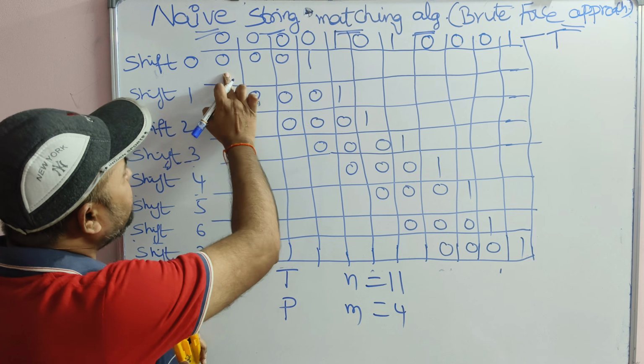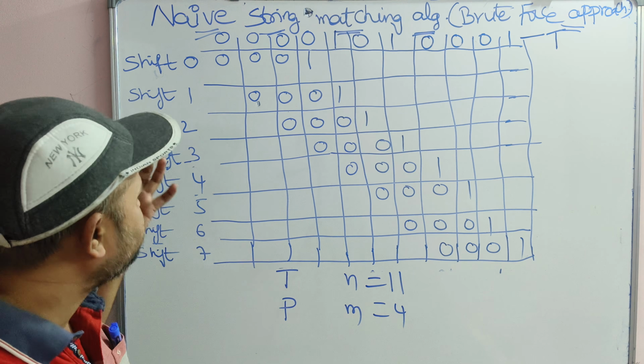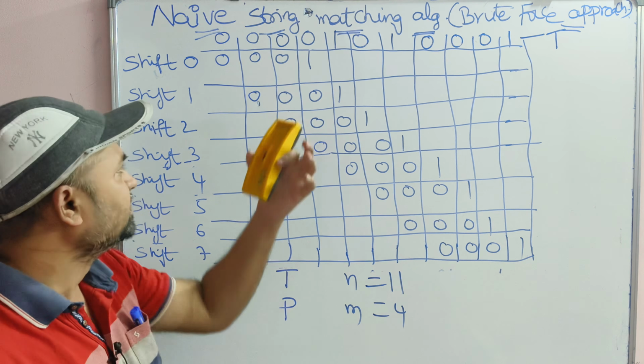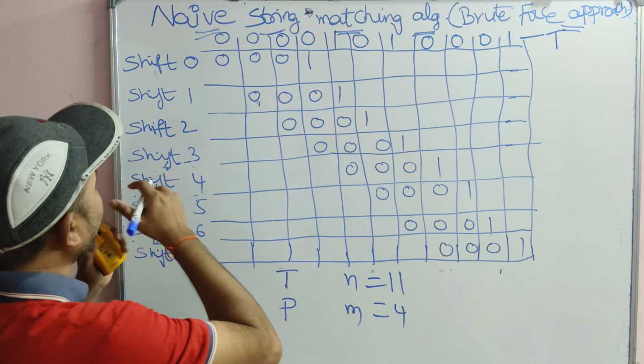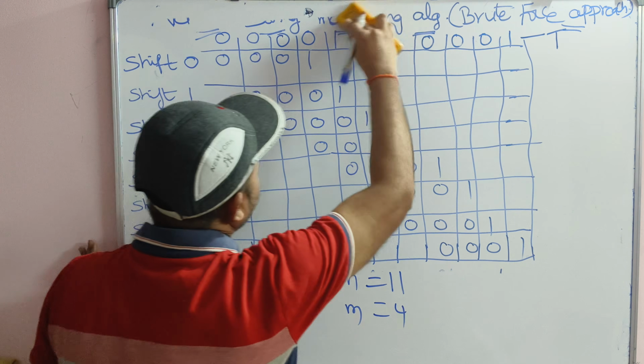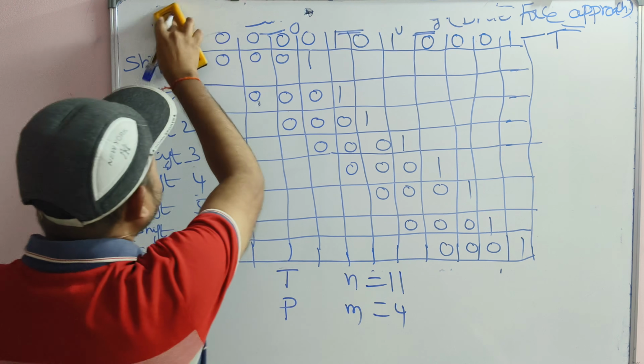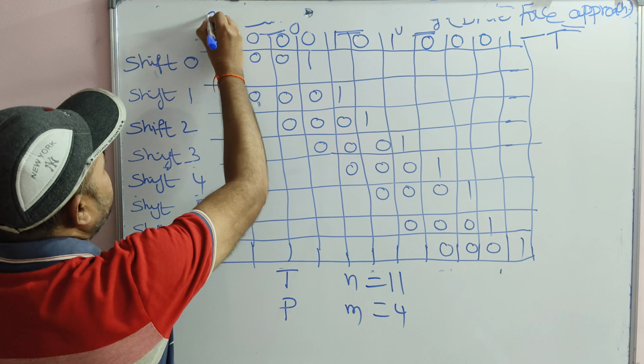So what is the pattern? 0001. Let's check whether 0001 occurs in the text or not. 0001 is present in the text. In which indexes? Let us write the indexes. We know that index always starts from 0.